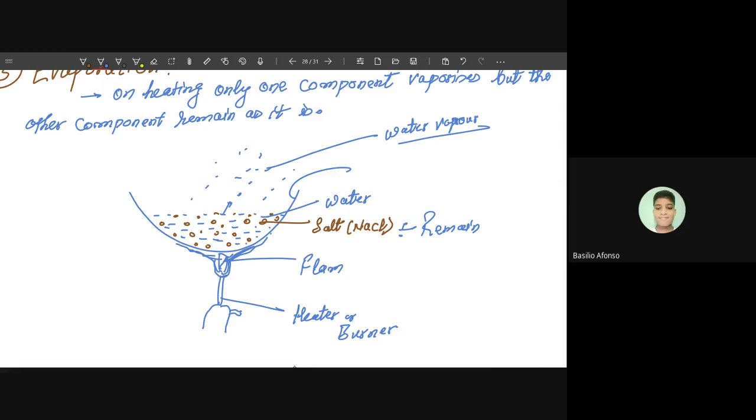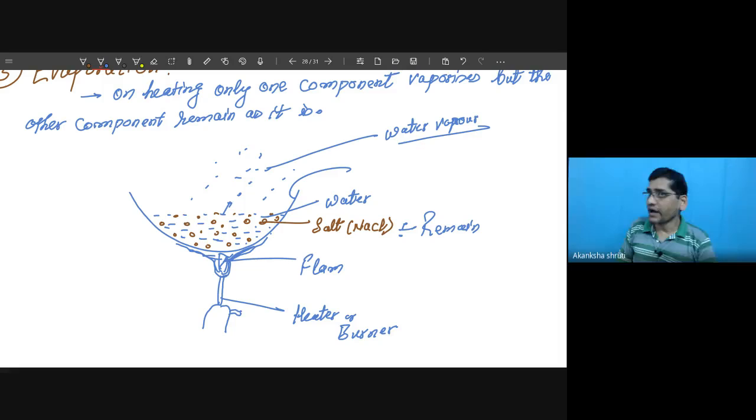Can this be used for a sugar and water solution? Students, sugar gets converted into carbon dioxide and water on heating. So sugar cannot be collected. A chemical reaction occurs when sugar is heated, which we will learn in class 10th. Therefore it is not suitable for recovering sugar from water.